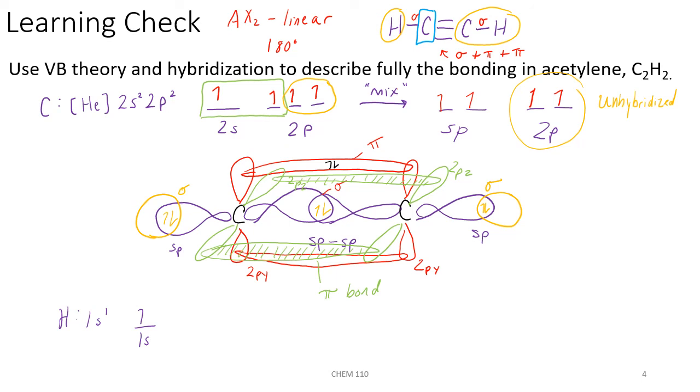And so when we look at our diagram, we formed a sigma bond directly along the internuclear axis, which was the result of sp hybrid orbital overlap on carbon. And also we formed two other sigma bonds that were the result of 1s and sp hybrid orbital overlap with carbon and hydrogen.